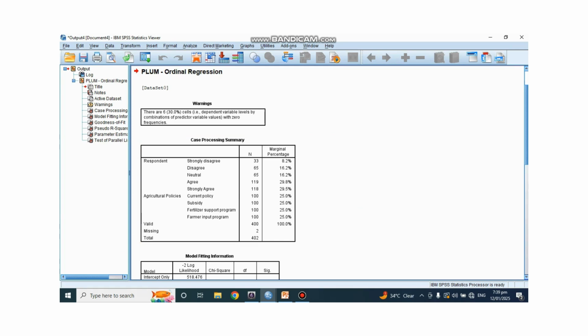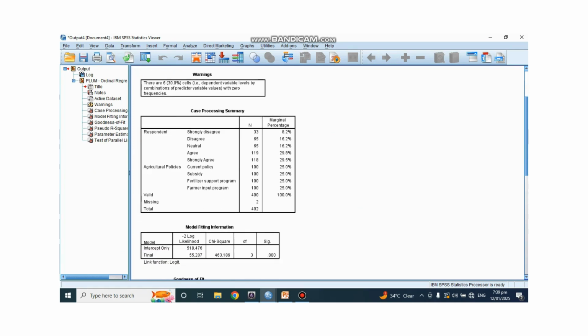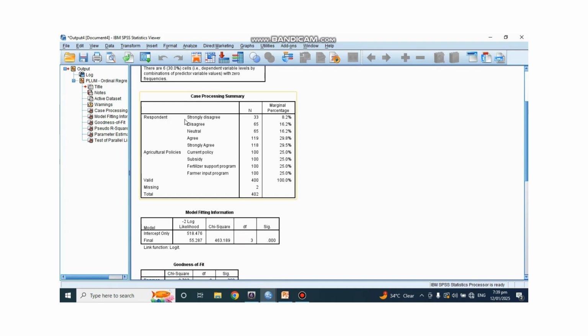Alright, so this is our result. From the result, we see that the marginal percentage for strongly disagree is 8.2%, and that of disagree is 16.2%. Neutral is also 16.2%.